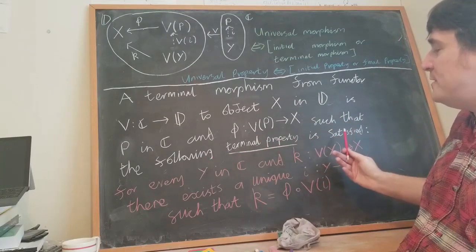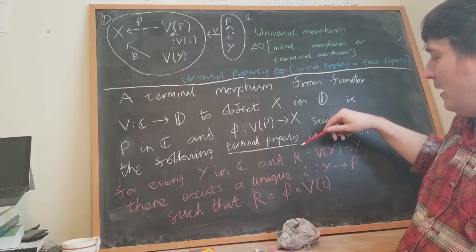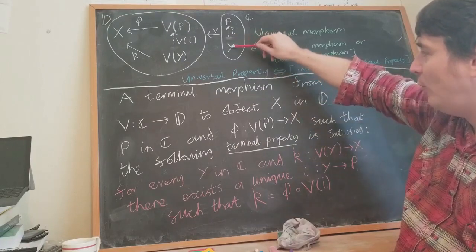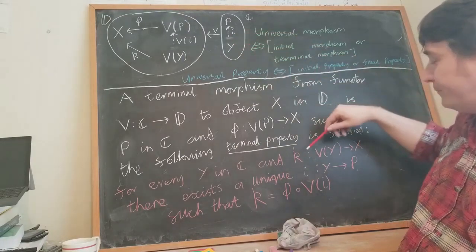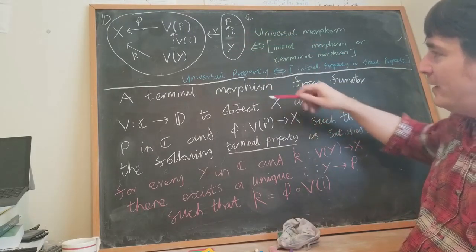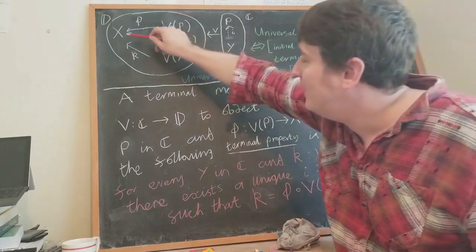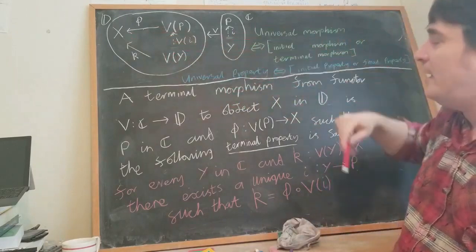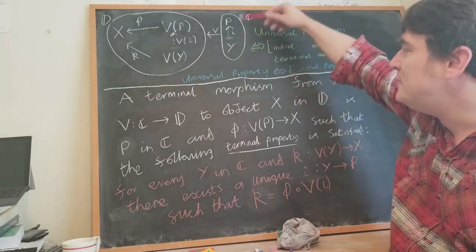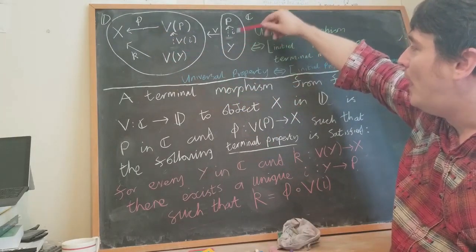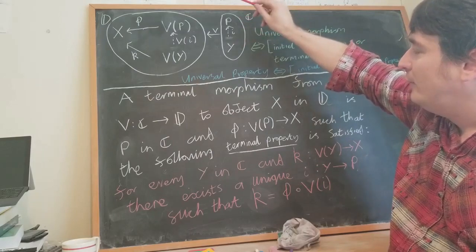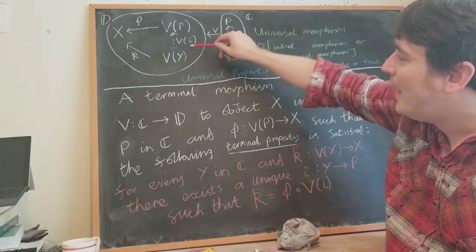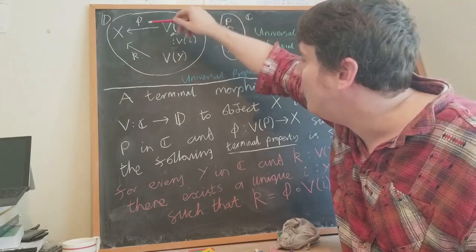What's the terminal property? It says that for any object y in this source category and any arrow k, which goes from V of y into X, there's going to be this unique intermediary arrow from y into P, such that its image, V of I, makes this diagram commute, okay?